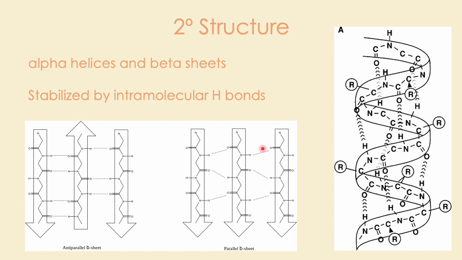We also have beta sheets. So beta sheets can be parallel, as we can see here. They're all going N-terminus on one side, C-terminus on the other, or they can be anti-parallel. So in this case, N-terminus on one side, C-terminus, and then we have N-terminus again. In this case, our amino acid chains are going to lie alongside each other.